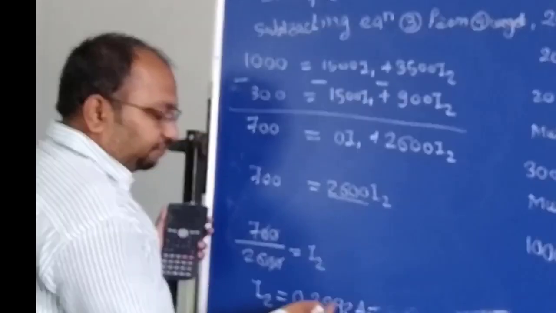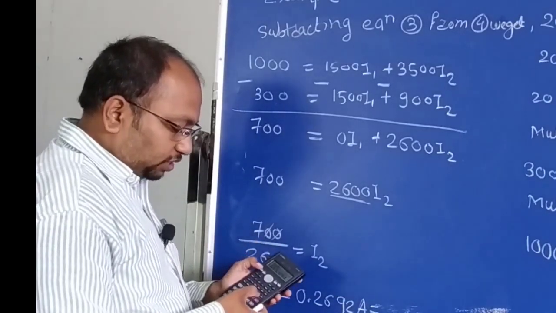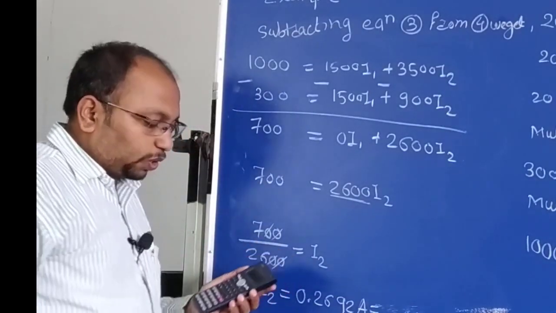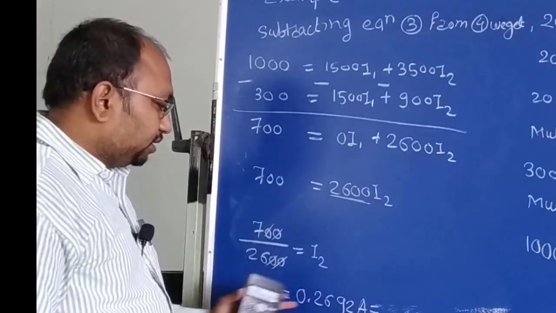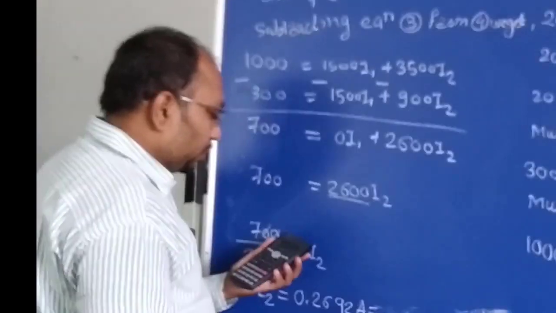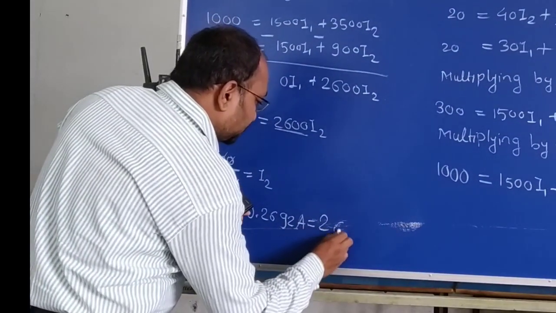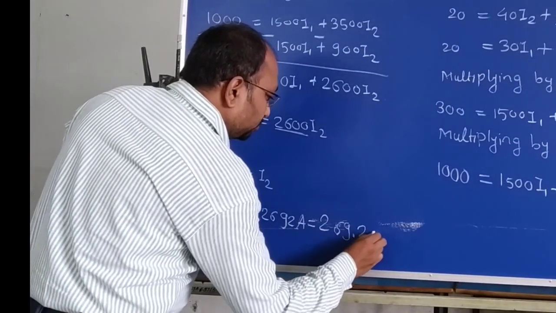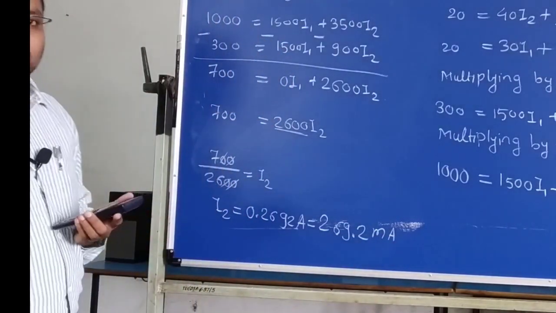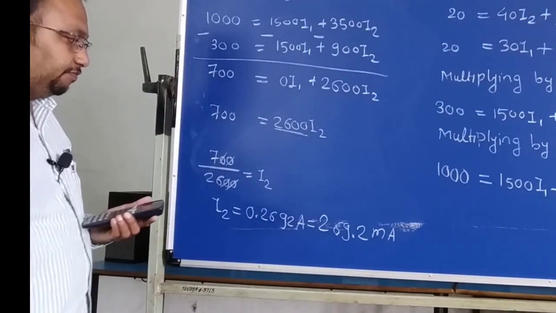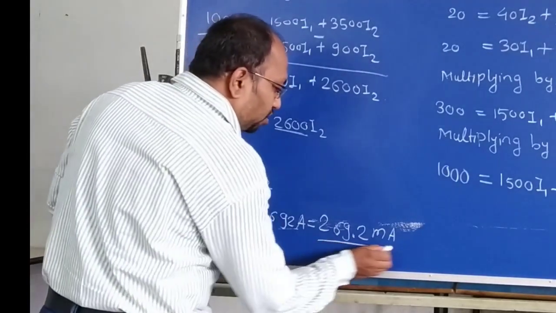So it will be shifted 3 times. If you press ENG, you will get the shifting of that value. So you are going to get 269.2 milliamperes. 10 raised to minus 3 is nothing but milli value. So this is the value of I2.